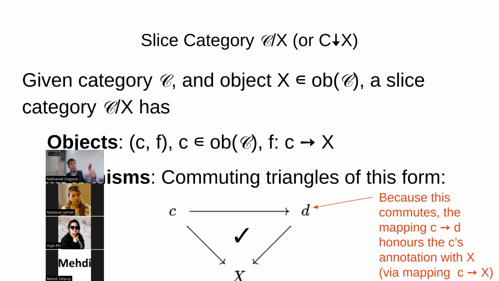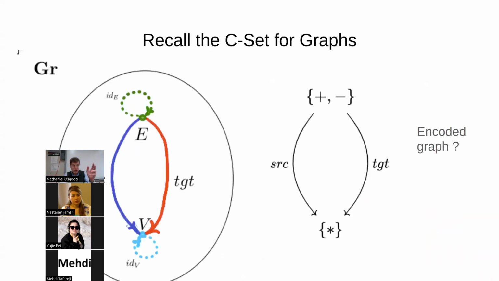If you go to graphs, the objects are graphs and the morphisms are graph homomorphisms. If you go to causal loop diagrams, the objects are causal loop diagrams and the morphisms are causal loop diagram homomorphisms, these sort of structure-preserving mappings. And so it is here. We are lending the category C structure by giving it annotations, and the morphisms therefore have to honor that annotation information.